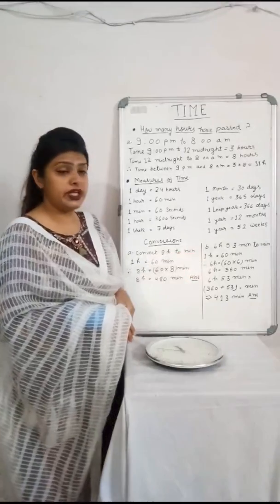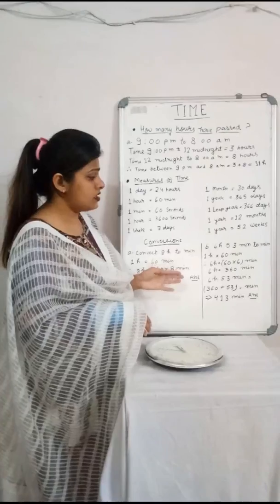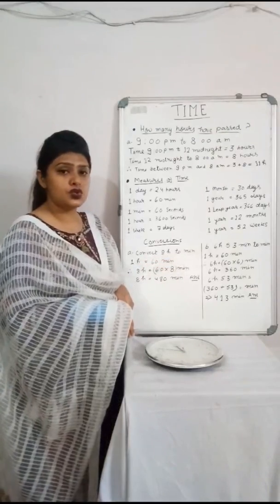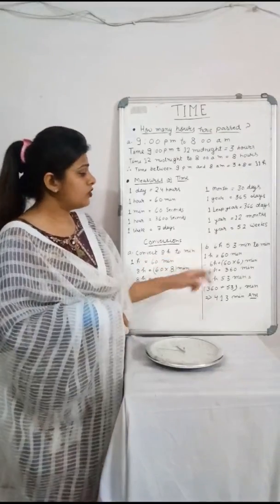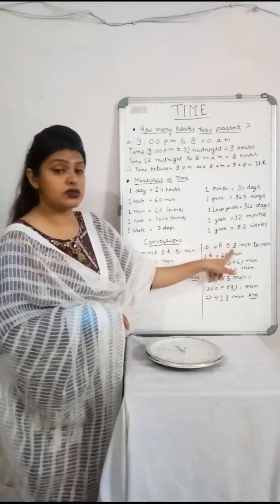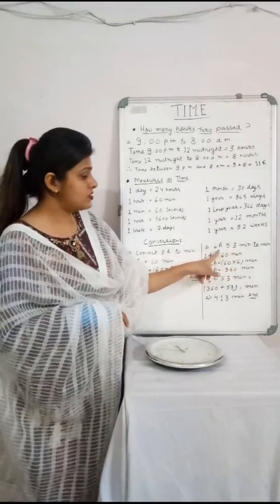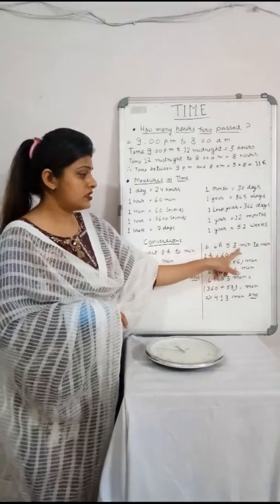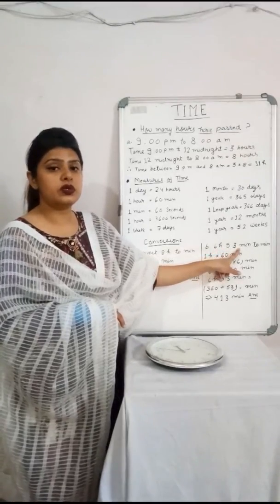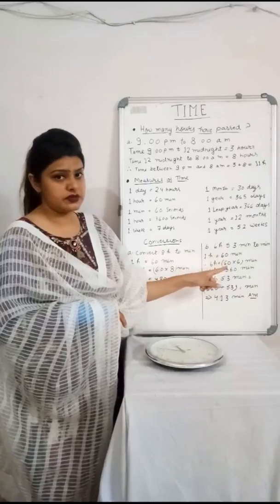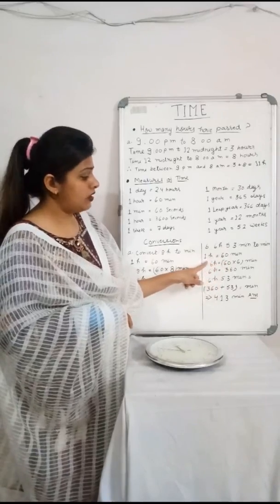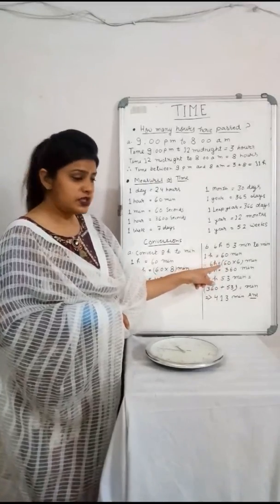Now, question number B. 6 hours, 53 minutes. Here, we have to convert this and this both in minutes. Here you can see this is in hours and this is in minutes. So, we need to convert the hours into minutes. Like 1 hour you know is equal to 60 minutes.